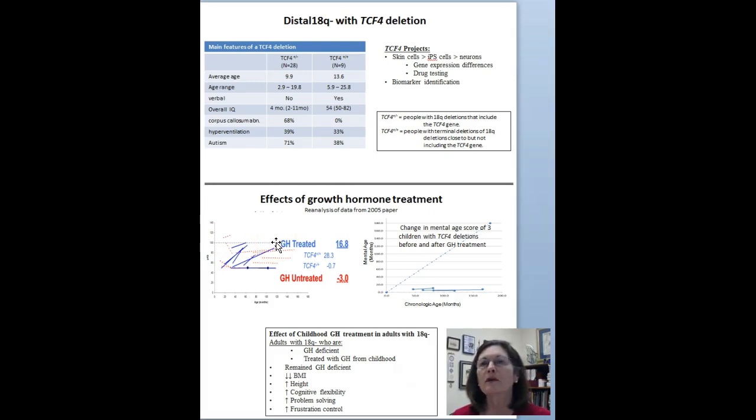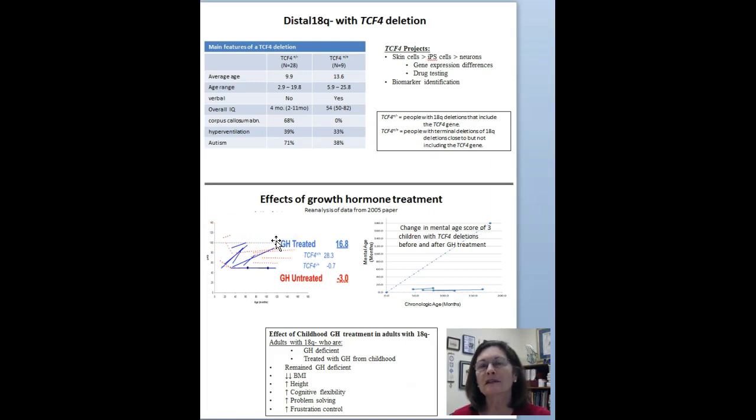So someone who is perfectly typical, doesn't have a chromosome deletion, and is developing absolutely average, their performance IQ would be a flat line right at 100 right here. So this is average performance IQ and average development. It would look like this.